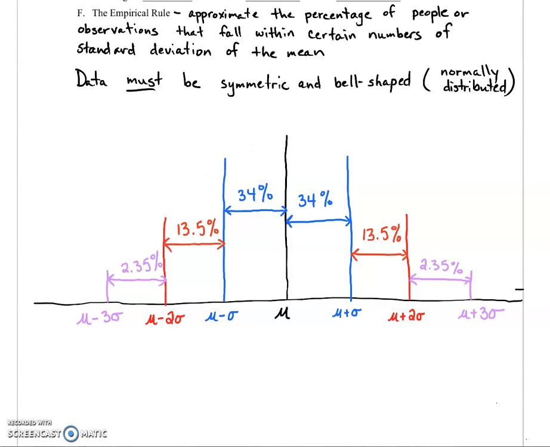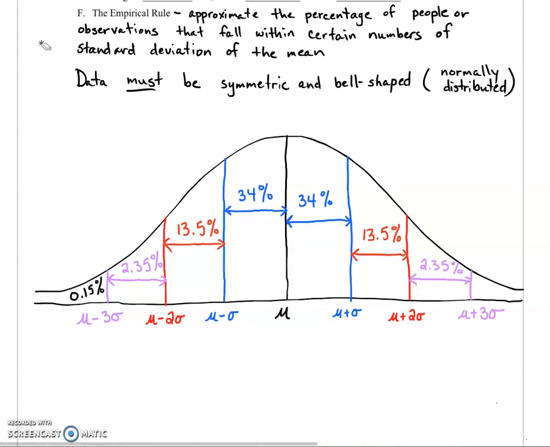Let's do it this way. So from 3 standard deviations all the way to the left, that amount is 0.15%. And the same thing on the other side. From 3 standard deviations all the way out is another 0.15%.